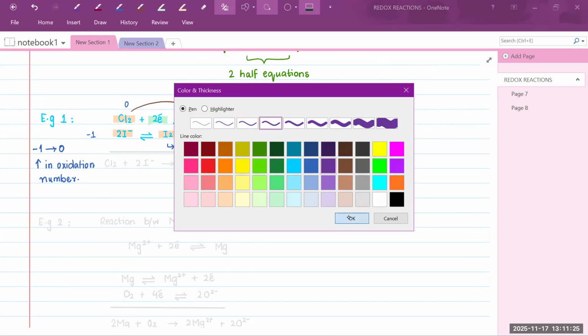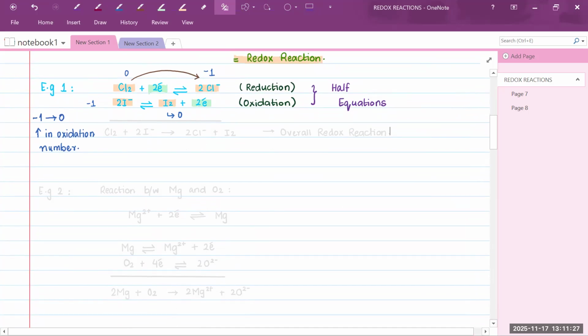We'll add them together and they'll make the overall reaction. So what happens in making the overall reaction is that we also have to make sure that on both sides the electrons are equal, like they're balanced, so that they can be cancelled in the overall reaction.